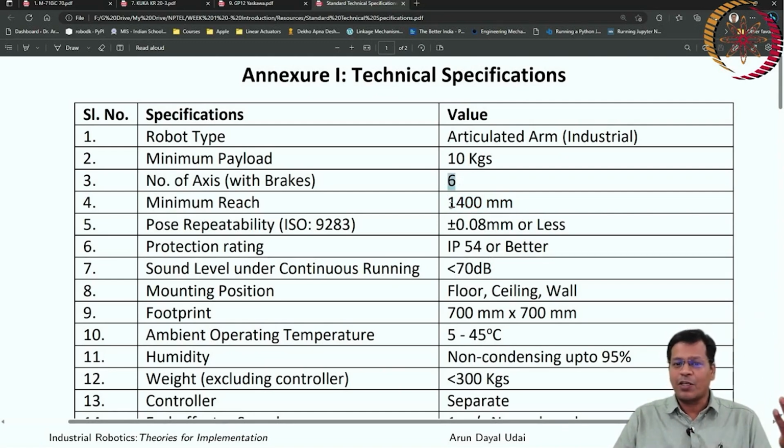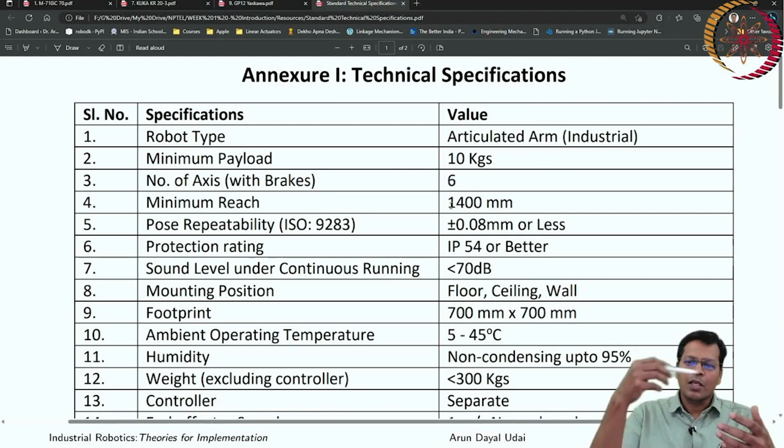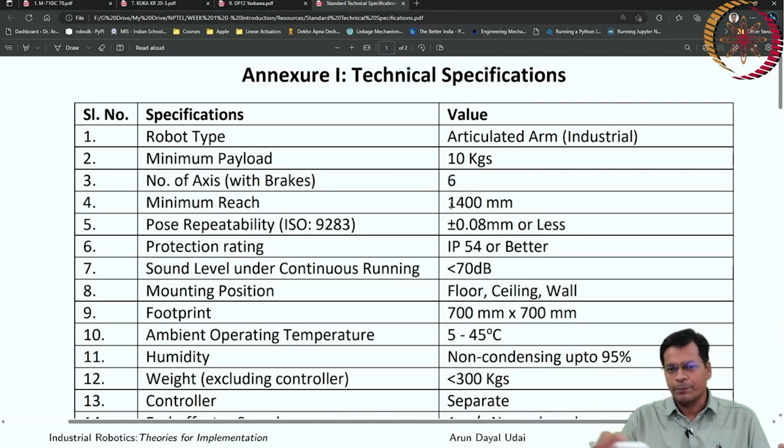6 degrees of freedom, because I want my robot to position and orient fully, so that I can teach full forward and inverse kinematics. So that was the reason for me. Maybe there are other reasons for a different user. If it is a painting application, mostly you need a 6 degrees of freedom robot, but not for a pick and place task where a SCARA can go very well.